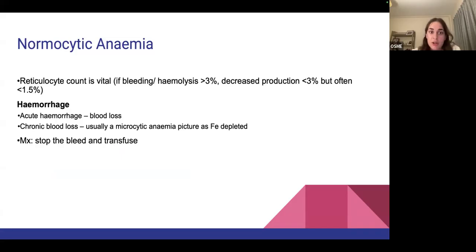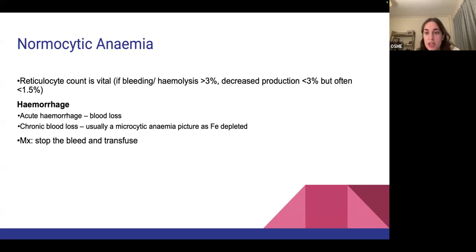Normocytic anemias, the thing to think about in normocytic anemias is if there's evidence of hemolysis or hemorrhage. So if in the question they're giving you the reticulocyte count, start thinking, is there evidence of hemorrhage or hemolysis? Obviously, the question stem for hemorrhage might be really obvious and say there's acute trauma, they've been in a car accident or something.